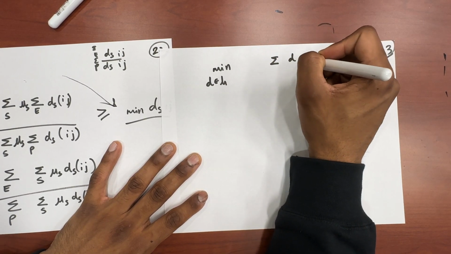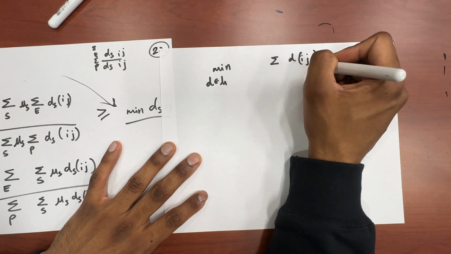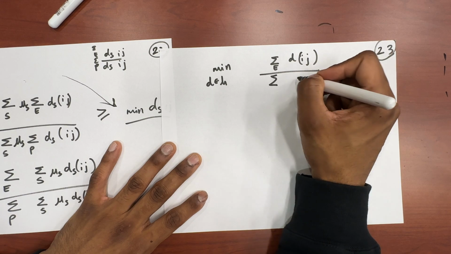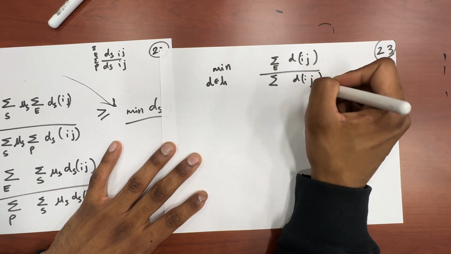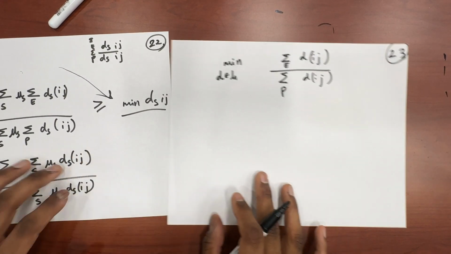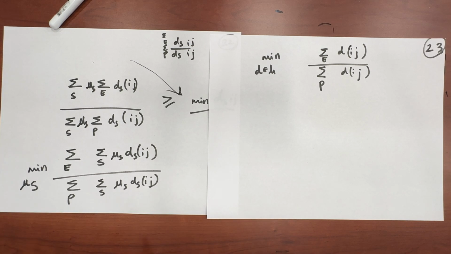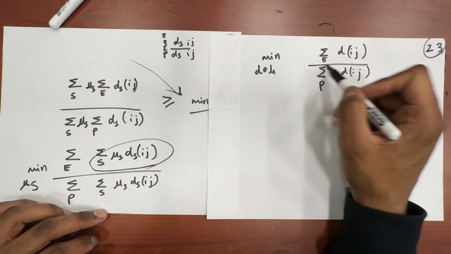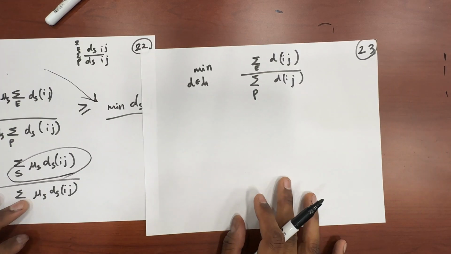Summation Dij, where this is edges, and summation Dij, where this is all pairs. This is what we have been doing for the entire half an hour. We wanted to show that a combination of cut metrics is exactly equal to an L1 metric.